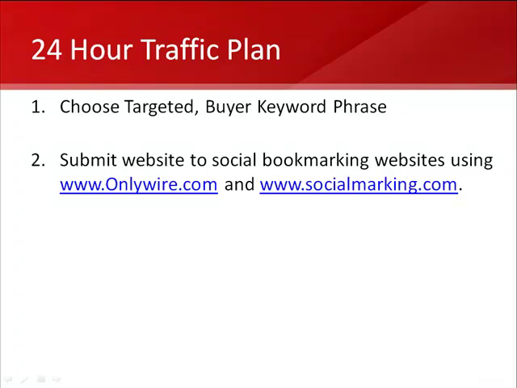OnlyWire does it automatically, while Social Marking helps automate the process by giving you a list of an additional set of social bookmarking websites to consider, quite a bit more than the 20 OnlyWire covers. So you find more sites that you could submit your business to, and if you just click on the name of the website, it will pre-fill the forms for the social bookmarking.